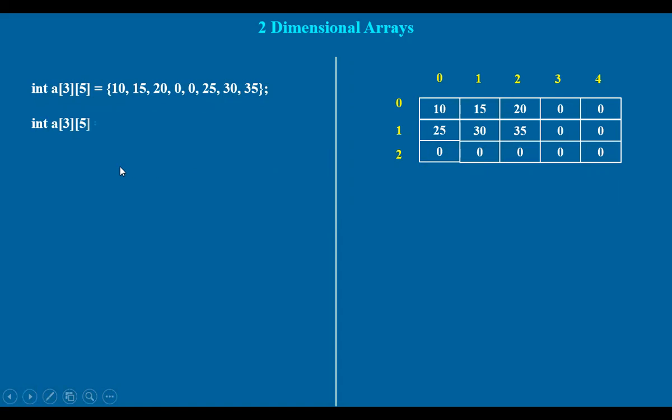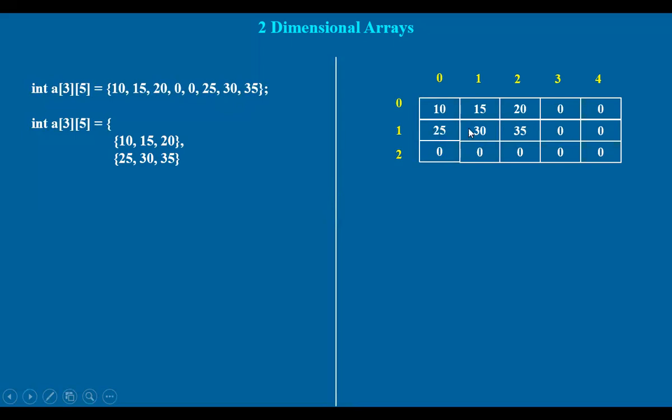Let us see. I'm going to declare this same A 3 by 5 like this. The first 3 elements should be in the first row. Forget about the 4th and 5th elements. In the second row, these 3 elements should come at the beginning.